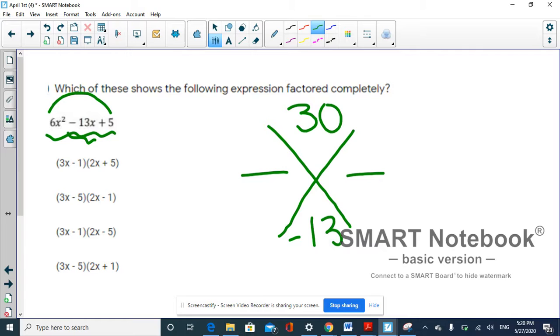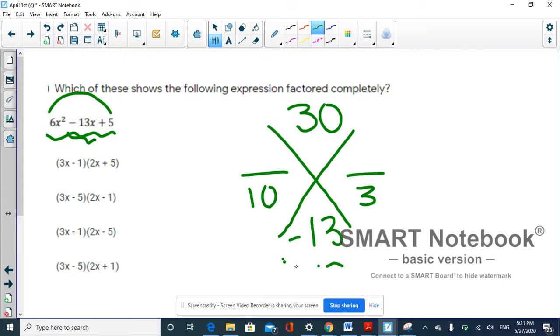Take a minute, try to think about the two numbers. If you multiply, their product will be 30. Yes, 3 times 10 gives you 30. But if we add them, 3 and 10 give you positive 13, not negative.